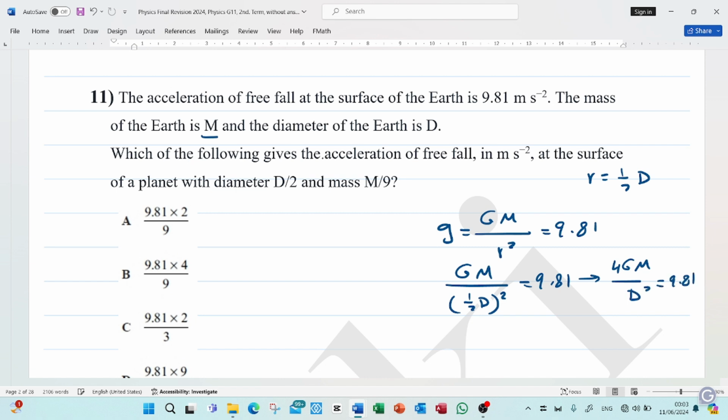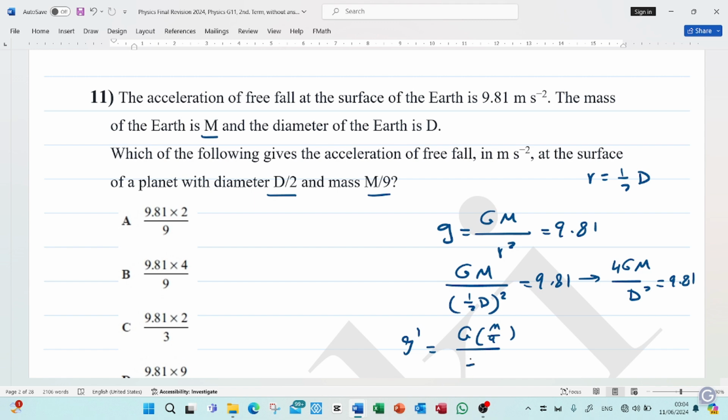He said, which of the following gives acceleration at the surface of a planet with diameter d over 2? Now, the relation is g proportional inversely to r squared. But now here the mass is M over 9. Then the new g here is g, replace M by M over 9 and replace d by d over 2.